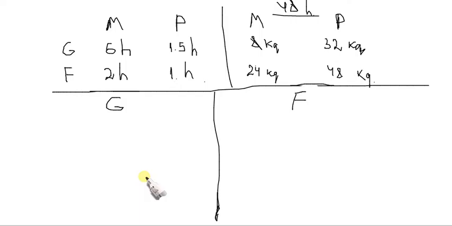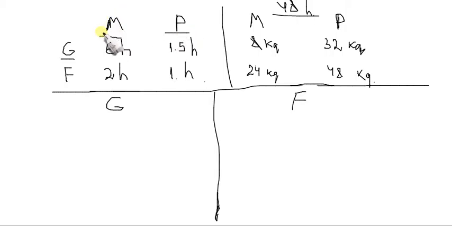We'll be drawing the production possibilities frontier for the gardener and for the farmer separately, and for that again we'll use simple examples. We'll have two producers, the gardener and the farmer, and two goods.